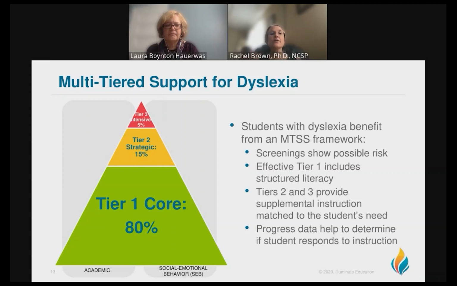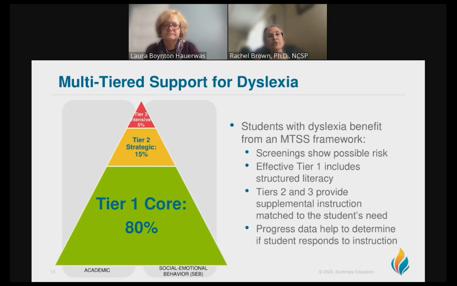Finally, another piece about understanding effective supports for dyslexia is to take into account how that can work within a multi-tiered system of support. This, of course, is an area in which I have written a great deal and spoken a great deal and is dear to my heart.